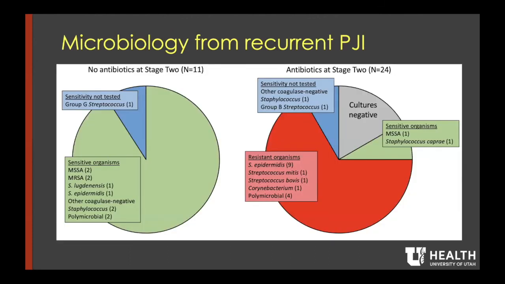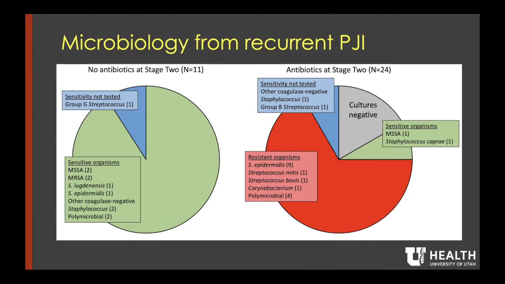When we look at the microbiology one step further, there's a few interesting things to point out. On the left is a pie chart of the patients that did not receive any antibiotics, and you can see it's mostly composed of sensitive organisms. On the right, the portion in red represents resistant organisms. We also had 4 patients that had culture negative infections that we did not see in the no antibiotic group.